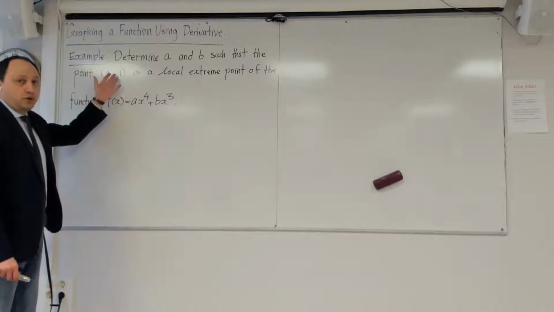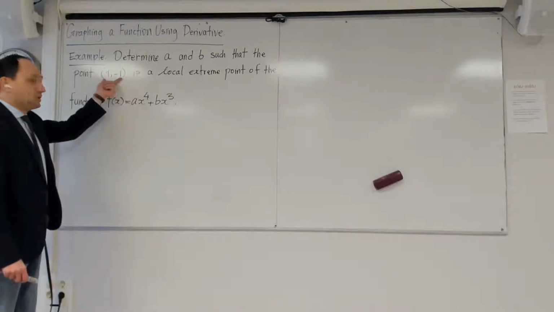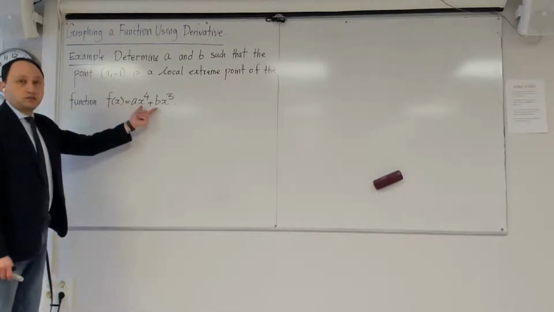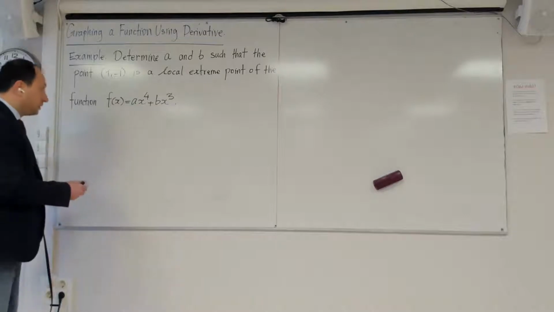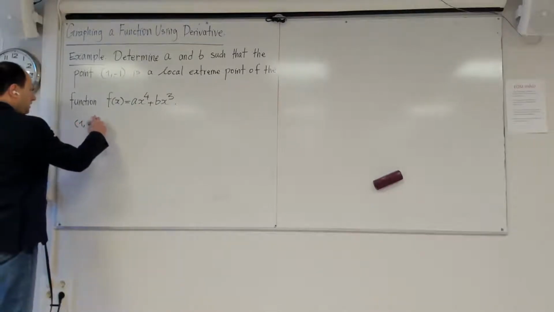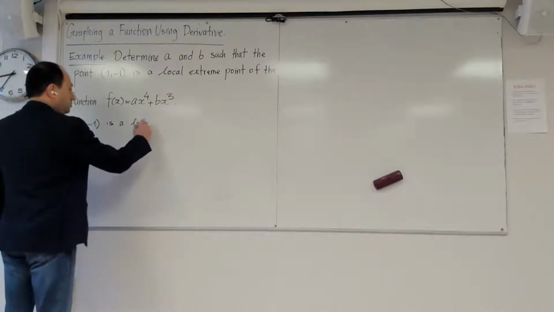Whenever you have a point on the graph of a function, this means that the coordinates of that point will actually satisfy the equation of the function. So I would say that 1, minus 1 is a local extreme point.